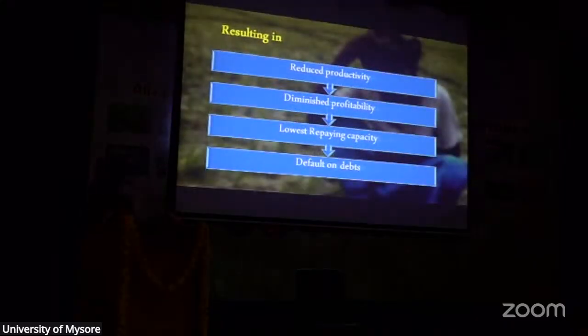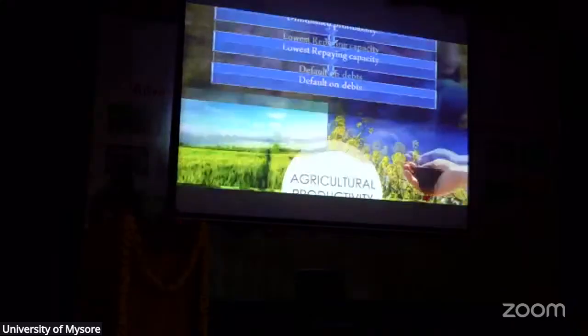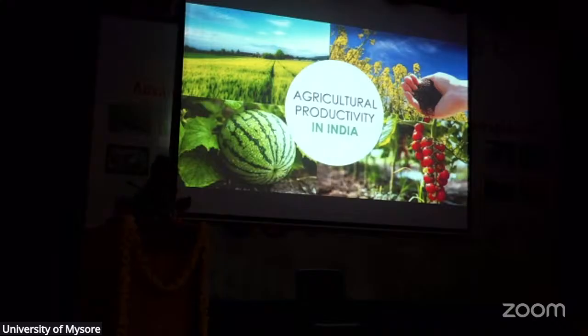Because of this lack of knowledge, it results in reduced productivity, diminished profitability, and lower repaying capacity to the banks, and they default and get into the vicious cycle of loans and debts.